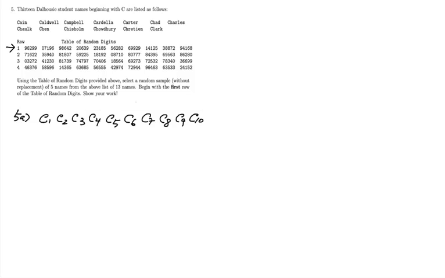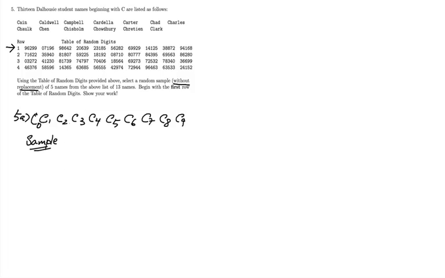We are told to do this without replacement, meaning once we've selected C1, C1 doesn't go back into the mix. C1 is selected, he's been included in our sample, and he stays in our sample. So the way we would randomly generate a sample of 5 would be, guys, I'm just going to relabel these to start from C0 and go up to C9 only.